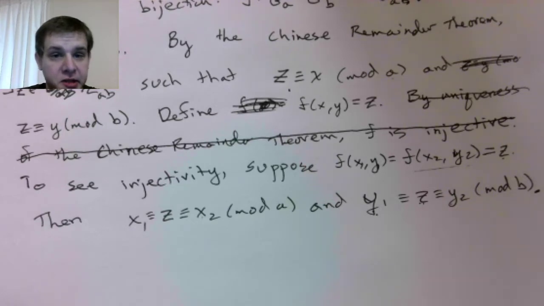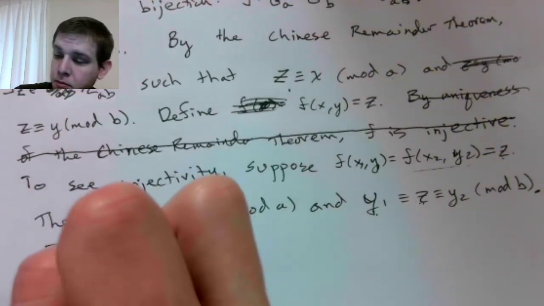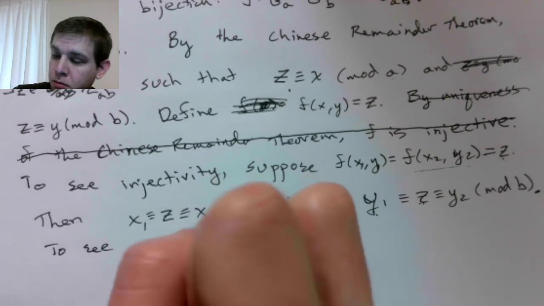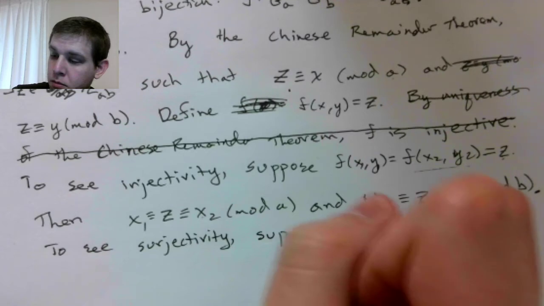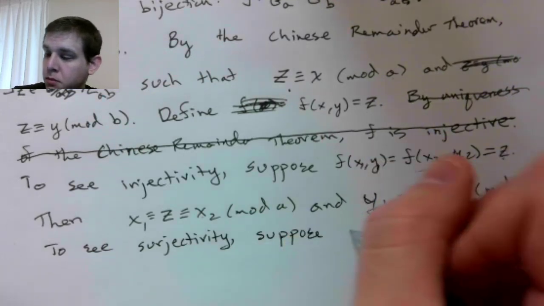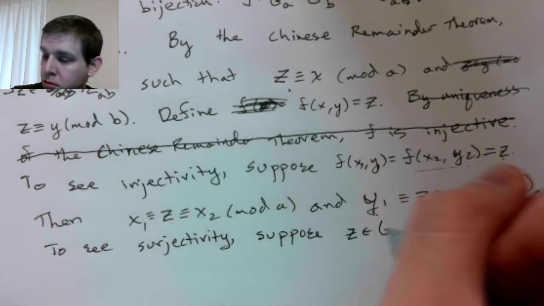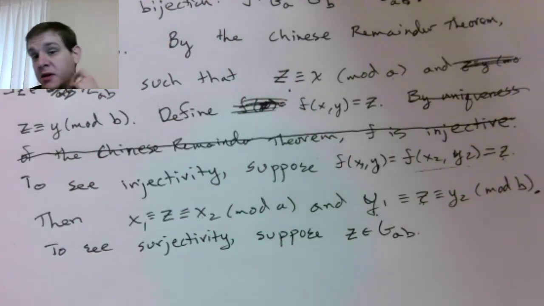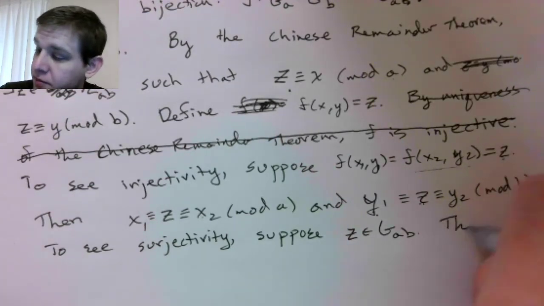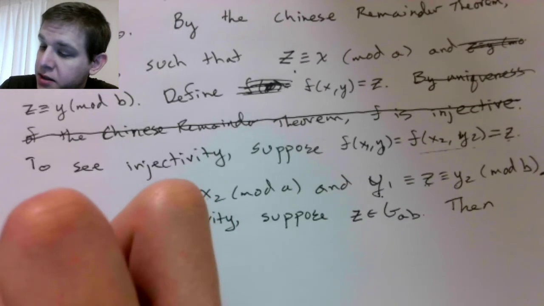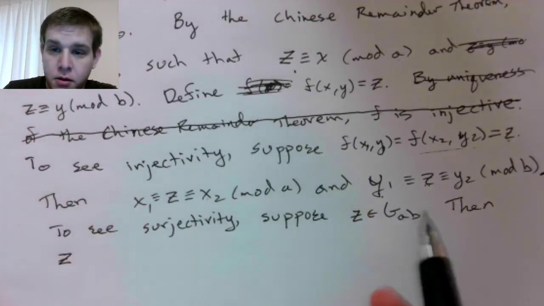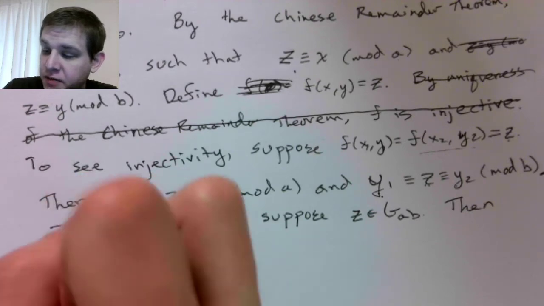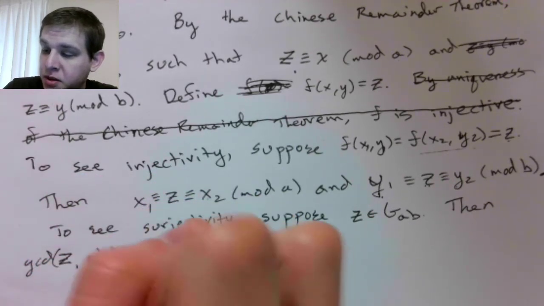So the difficult part is surjectivity. So suppose that z is an element of G sub AB. Well then, the GCD of z and AB is equal to 1.